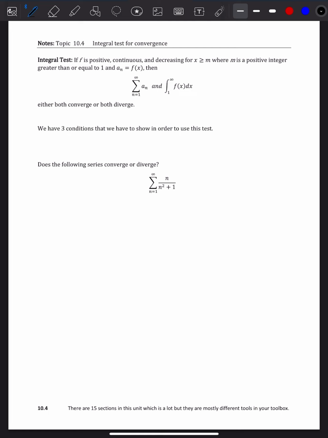So realistically, as long as our series is positive, continuous, and decreasing, then we're going to use an improper integral to decide if our series is converging or diverging, because if one converges, then the other does.